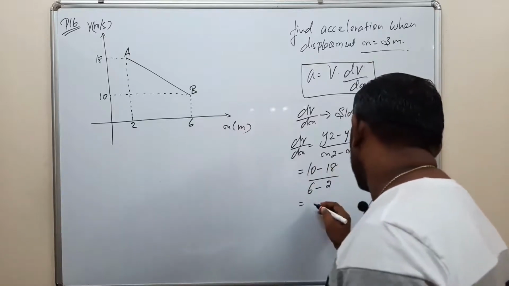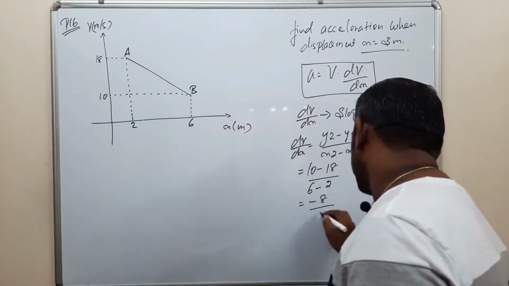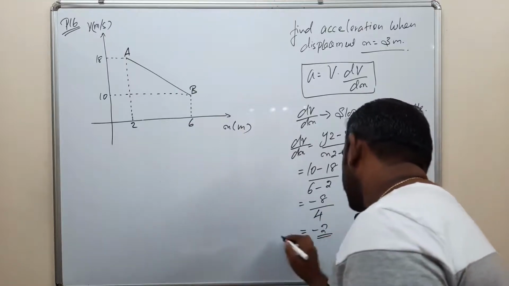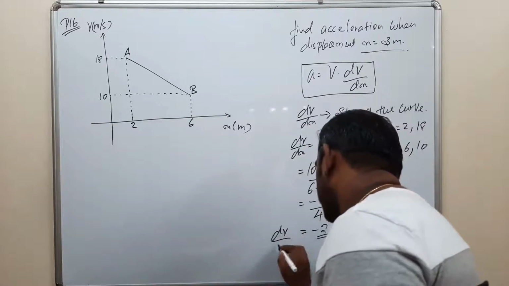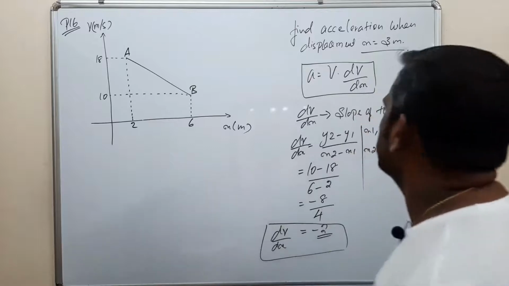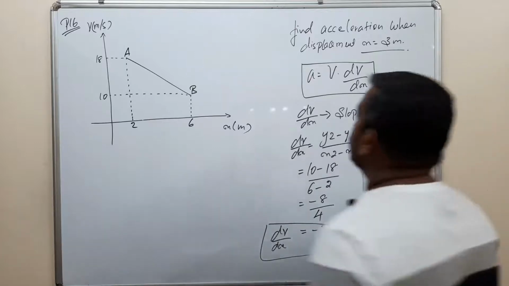So that's equal to minus 8 divided by 4, which is equal to minus 2. So dv by dx is equal to minus 2.